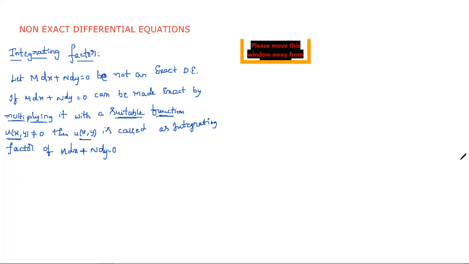In that, method 1 is integrating factor found by inspection.